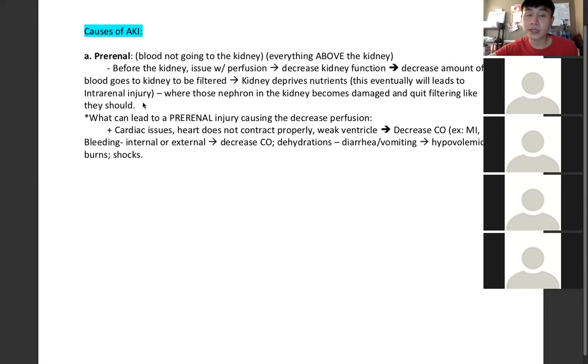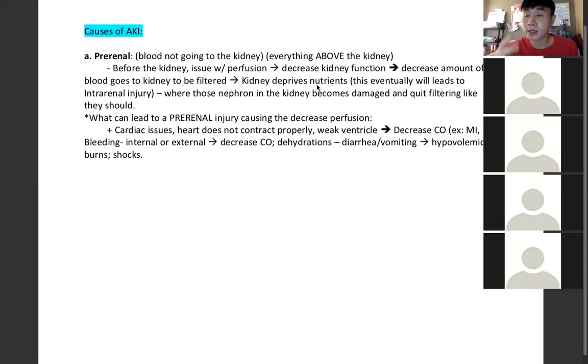This eventually will lead to intrarenal injury, where those nephrons in the kidney become damaged and quit filtering like they should. So inside the kidney, we have these workers, which are the nephrons, that help us filter and help us produce urine.